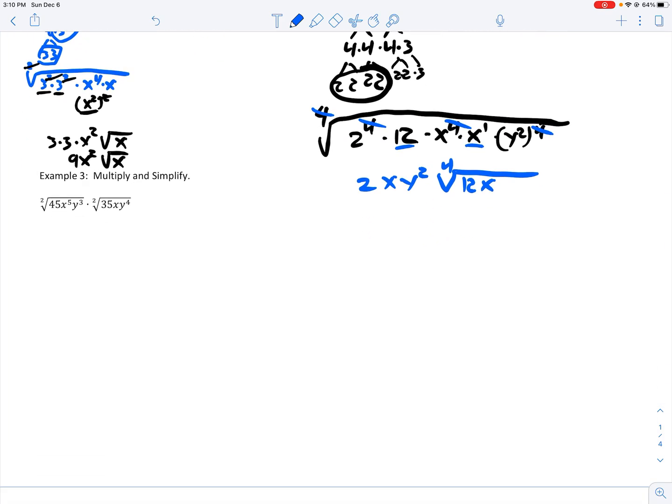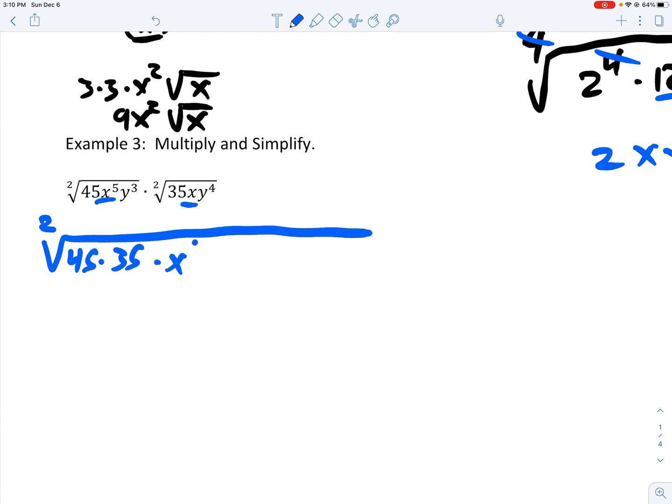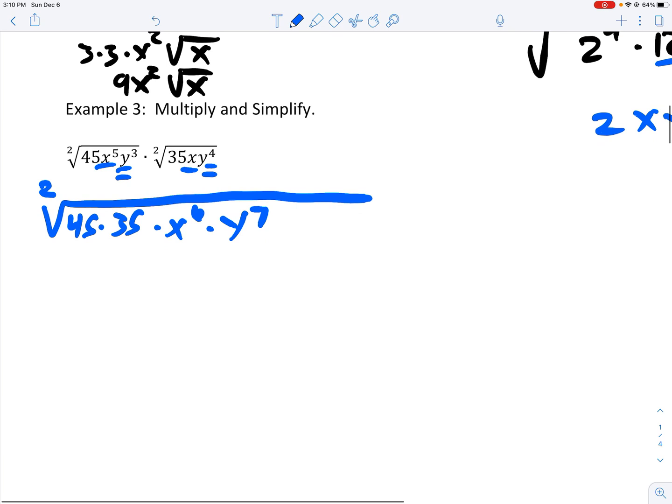Okay, example 3. Same idea. We have square roots and square roots. So I'm going to rewrite this as 45 times 35, x to the 5th and x is x to the 6th, y to the 3rd, y to the 4th is y to the 7th. So again, now we're square root. So I want to find powers of 2, 2 of a kind.